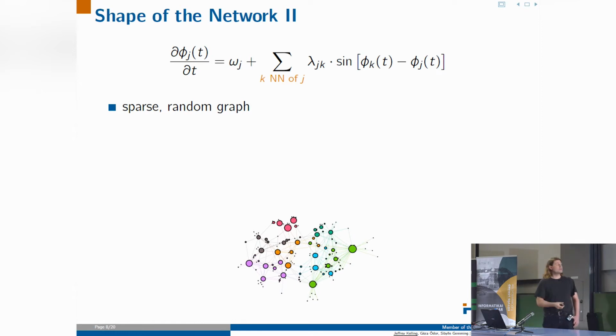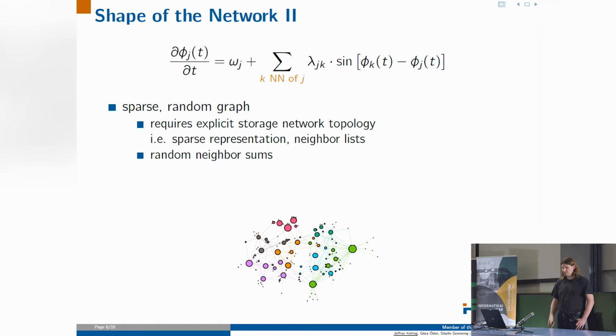There are nodes which are not highly connected with other nodes, and such things. So we need to explicitly store the network in neighbor lists, which gives us a sparse representation of the network topology. And these sums over the contributions a node gets from its neighbors, via the incoming links in our network, are basically sums of random values in our memory, which are scattered throughout.